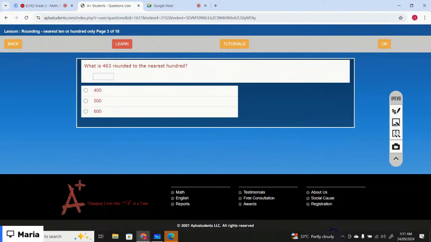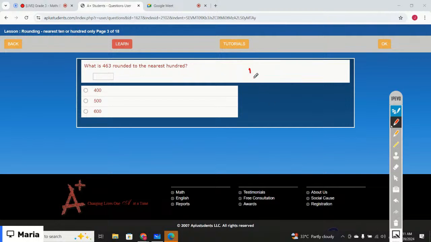What is 463 rounded to the nearest 100? So which is the correct option? Okay, you have 4 at the hundreds place, right?